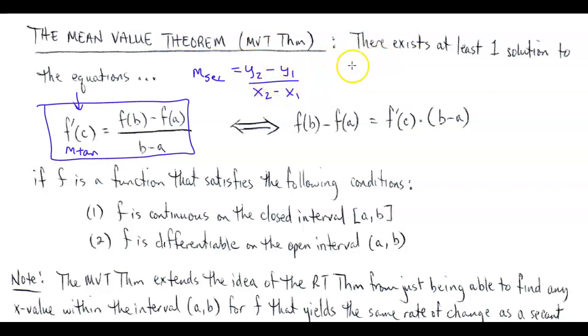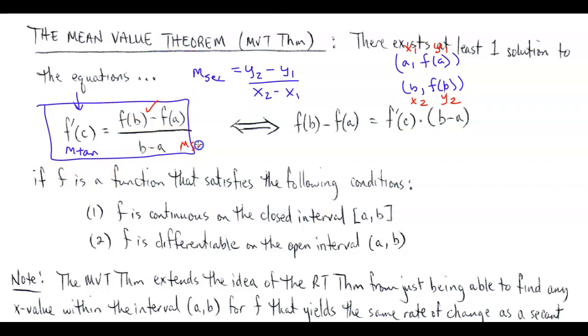Or if we were to have the points a, f of a, and b, f of b, and let's make that look a little better here. So we had that, and then let's say we wanted to label these as x1, y1, and x2, y2, then what we would have is essentially what we see here, okay?